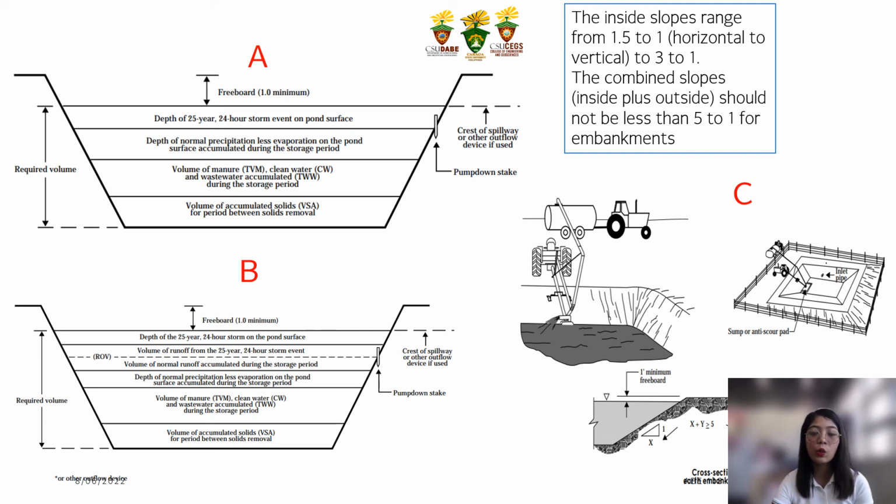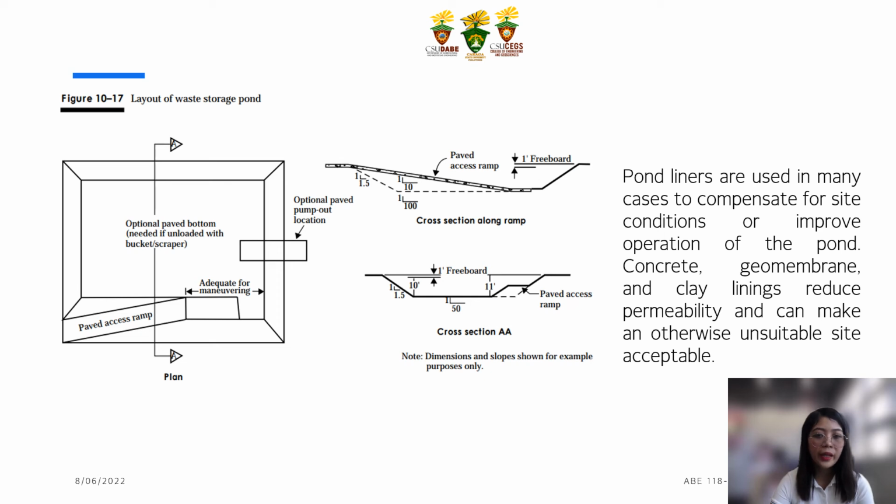room for unloading equipment. Pond liners are used in many cases to compensate for site conditions or improve operations of the pond. Concrete, geomembrane, and clay linings reduce permeability and can make an otherwise unsuitable site acceptable.